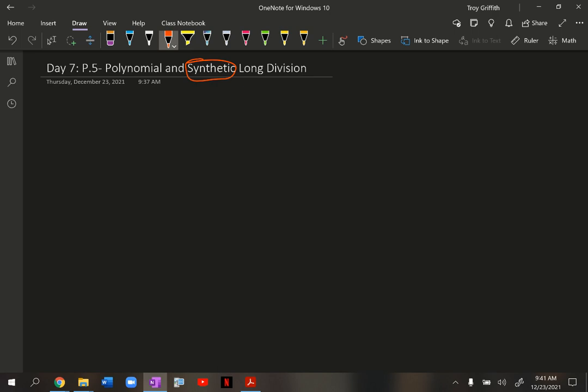So to kind of illustrate this idea, what I want us to talk about first is, what do I get if I do 5x plus 3 times x minus 2? Okay. And I know how to do this by foiling. So if I foiled this out, here's what I would get. First, 5x times x is 5x squared. Outside, that'd be 5x times negative 2.